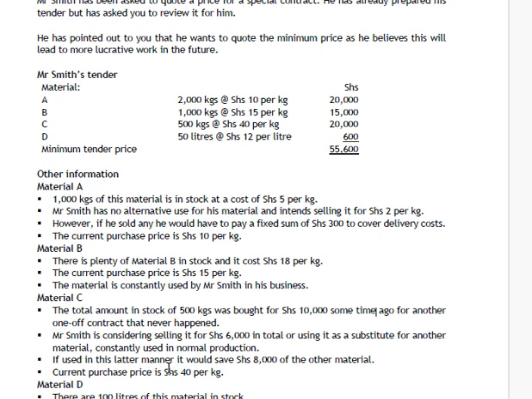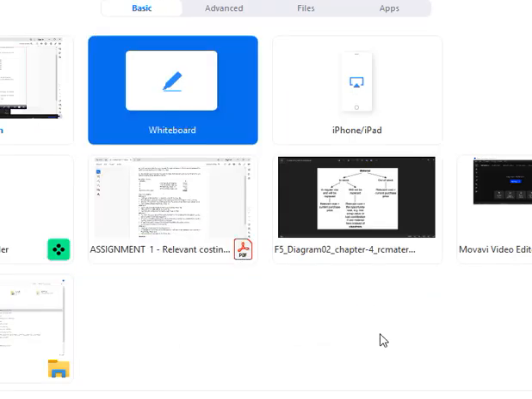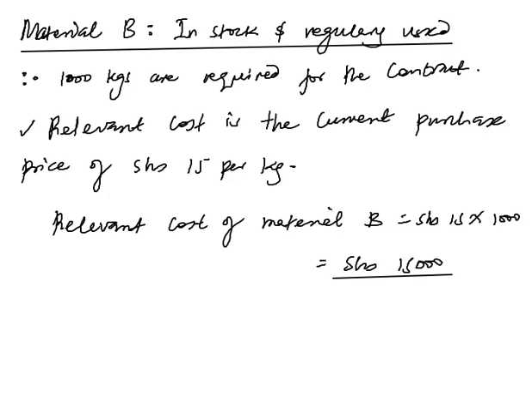It is preferable because the saving is high, 8,000 compared to the 6,000. Therefore, the opportunity cost of using it in this contract is shillings 8,000.